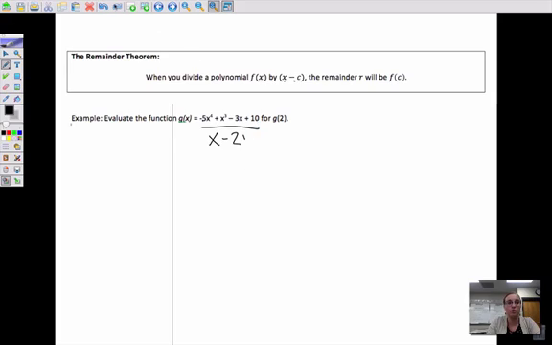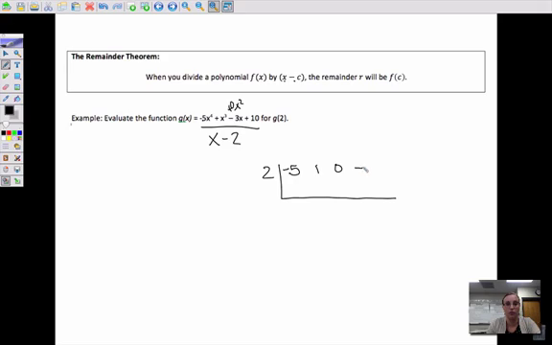And this is where, when you can do synthetic division quickly, it's actually much faster to divide by 2 synthetically out of your polynomial. So I'm going to write the coefficient of x to the fourth, the coefficient of x to the third. Now notice there's no x squared term, so really in here there's a 0x squared. You're going to need to put a 0 placeholder there, then negative 3 and 10.